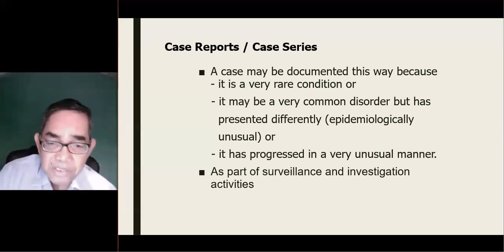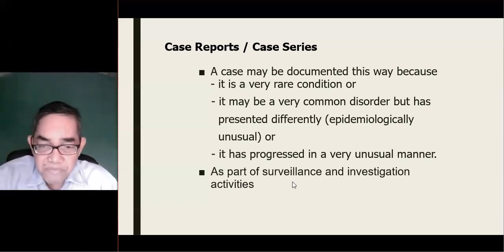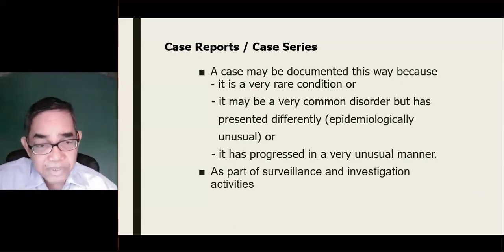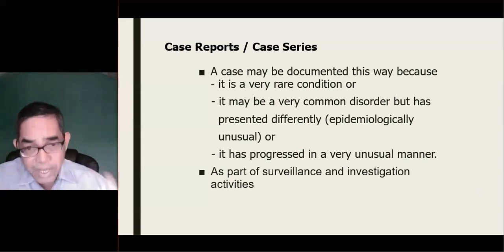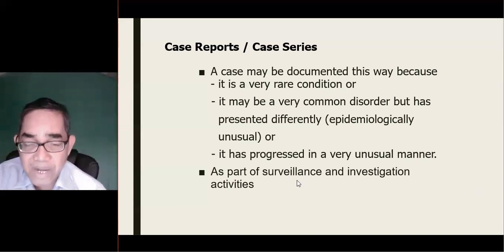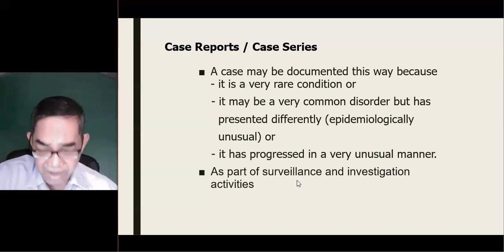Or it can be part of surveillance and investigational activities. For example, dengue fever is a common disease, okay? But we can make a case series of this if this is part of the surveillance or investigational activities.